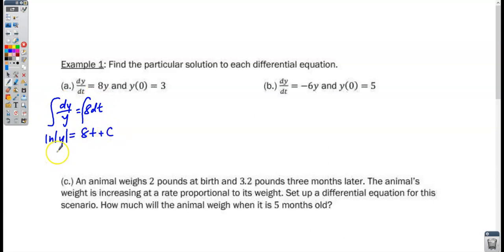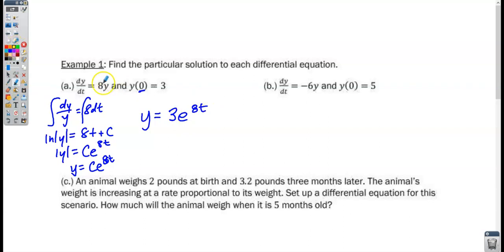I raise e to that power on each side, which turns that into this. And then the absolute value is absorbed into the constant. When I substitute the initial condition, I put 0 in for t, and I end up solving and finding that c is equal to 3. And so this is our equation representing this situation.